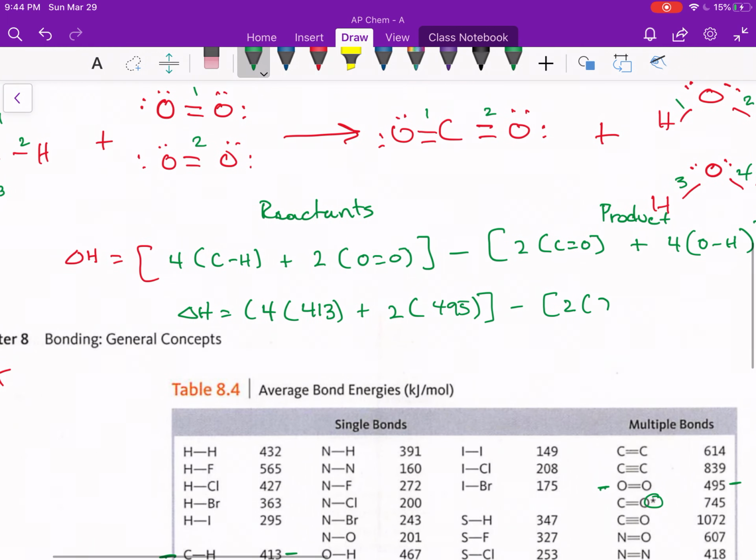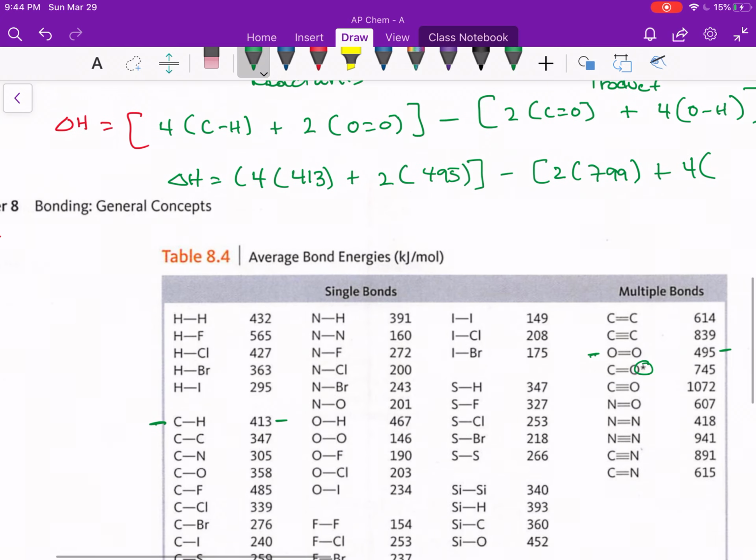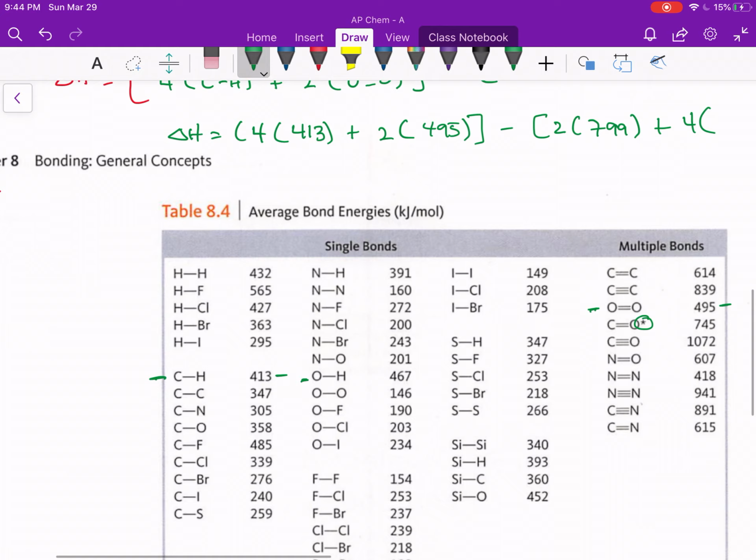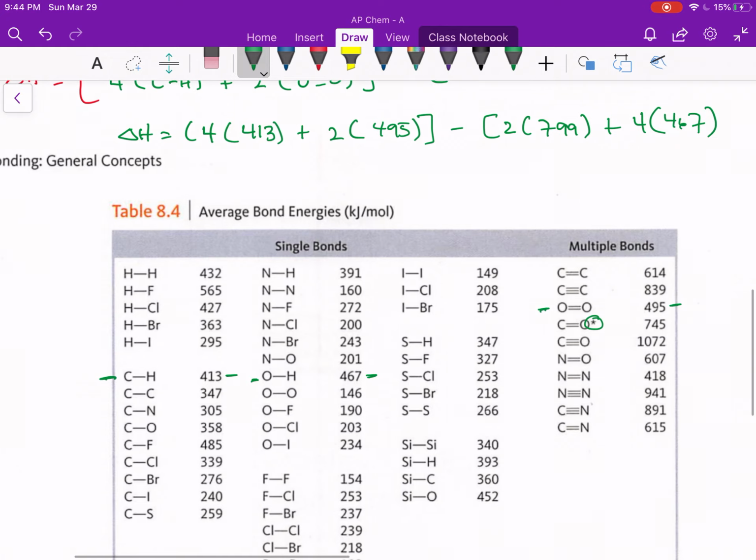So that's 799 here, plus 4 of my OH, and here's my OH, which is 467.